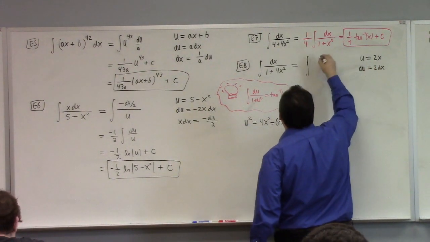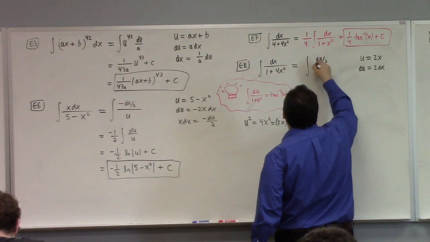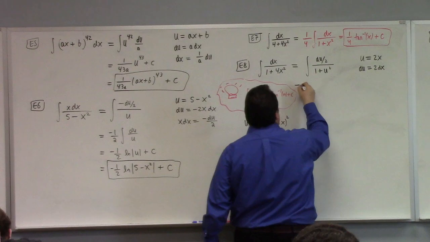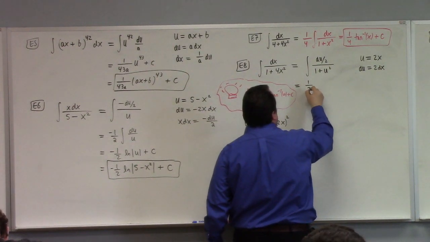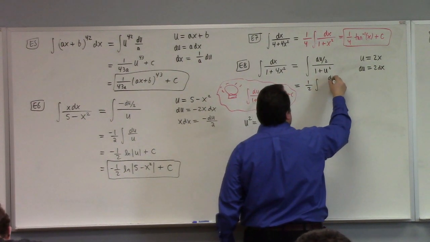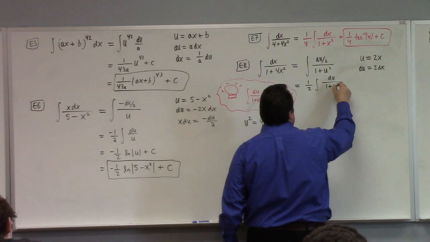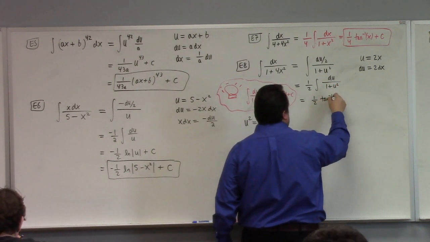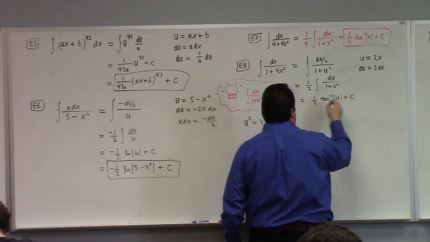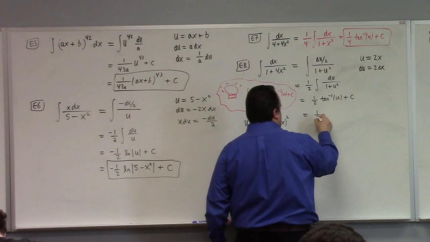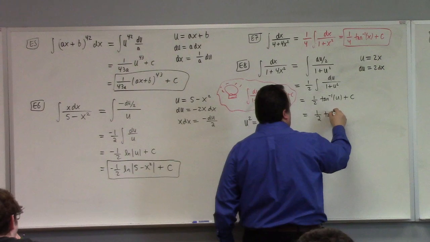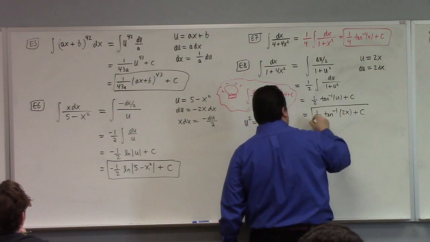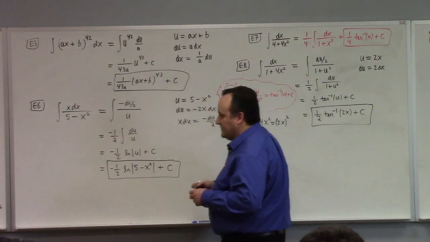So what I'm up against here is du over 2 divided by 1 plus u squared, which is, I can put the half out front, integral of du over 1 plus u squared, which of course is equal to 1/2 inverse tangent of u plus a constant, which, finishing blow here, 1/2 inverse tangent of 2x plus a constant. There you go. That's how we do this one.